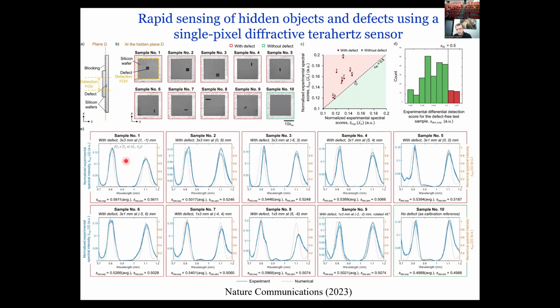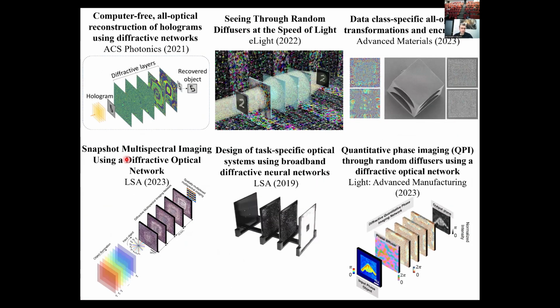By looking at the single pixel output through terahertz, we were able to detect these defects accurately and through a single pixel without scanning. Hopefully this gives you a good idea about the capabilities of diffractive processing, not just for classification, but also in this case, sensing of unwanted defects without opening the package or without opening the system.